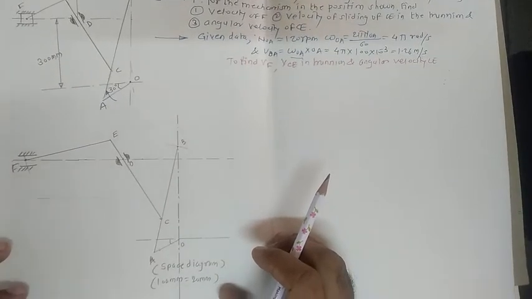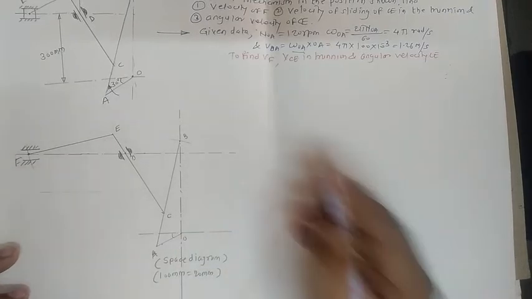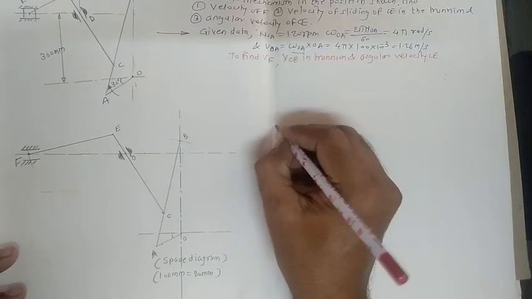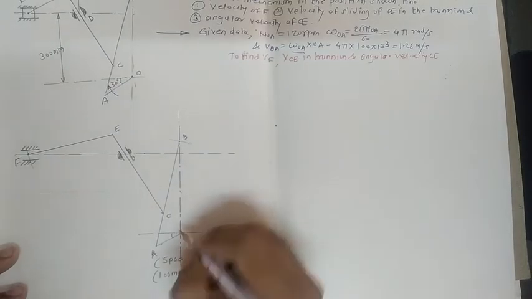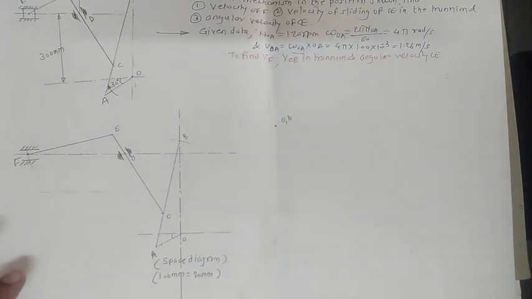For that, just observe this diagram and see whichever points belong to the fixed point. Just locate them at a single point. I'll give the location for those points at a single point in this way. So O point is the fixed one and B point is the fixed one. So do the small letter names for the same.